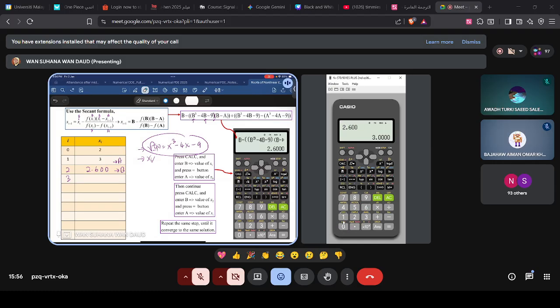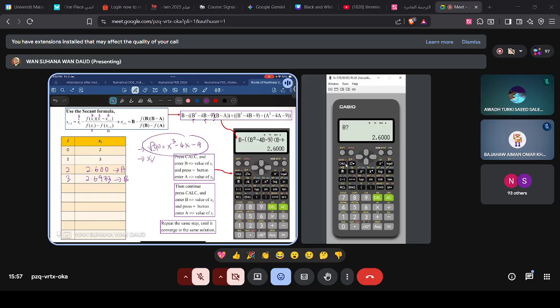If you don't put 00, also no problem. Equal, what is the A? It is 3. Equal, so you get 2.6933.